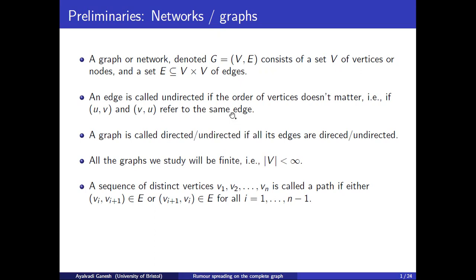Okay, so let's be a bit more concrete. Let's think of a concrete example of a network. Let's look at a road network in a city. The vertices are junctions and the edges are roads between junctions. And the roads may be one-way or two-way.